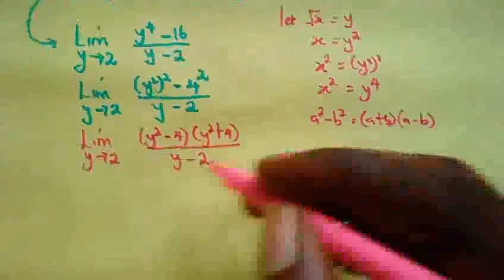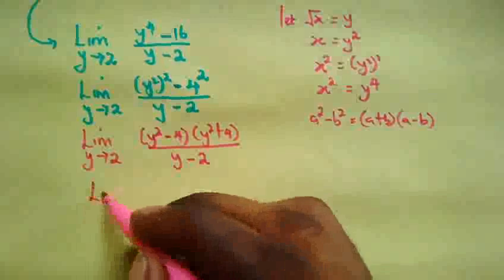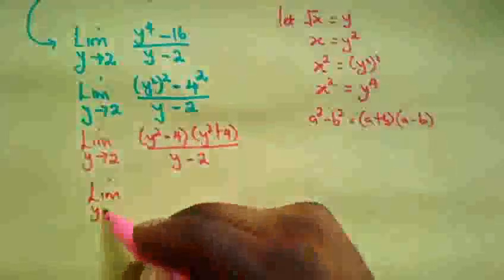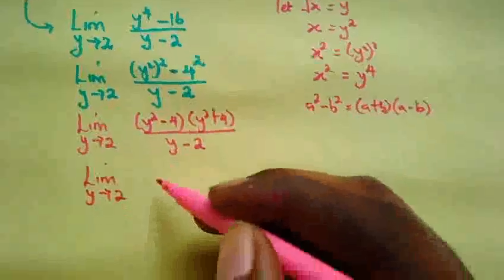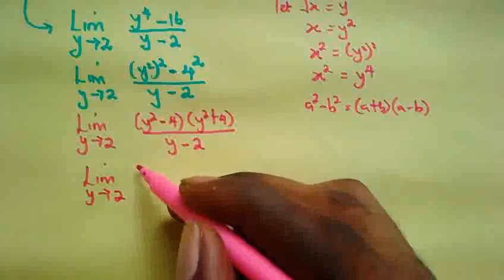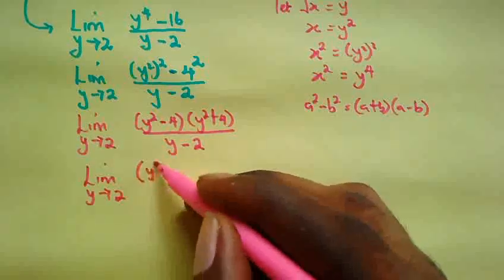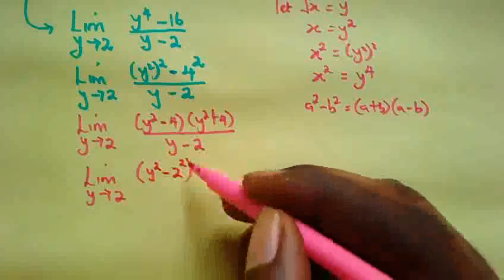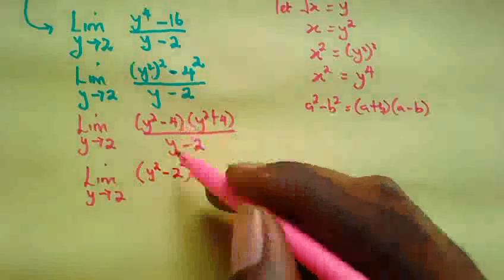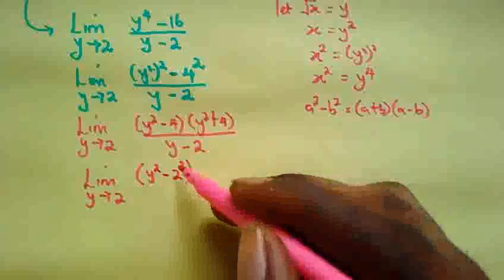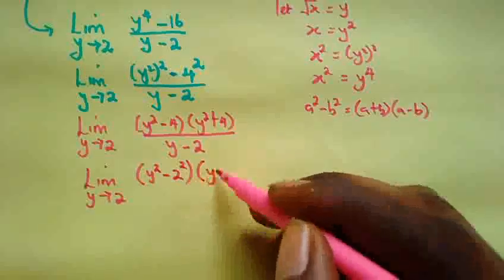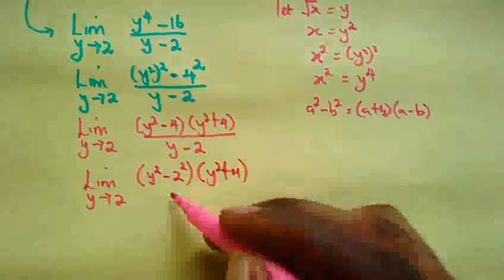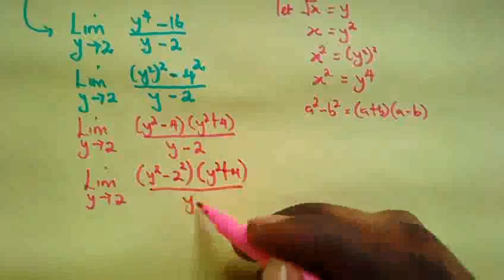So now we have this limit as y is approaching 2. Right here we have y squared minus 2 squared, then y squared plus 4 all over y minus 2.